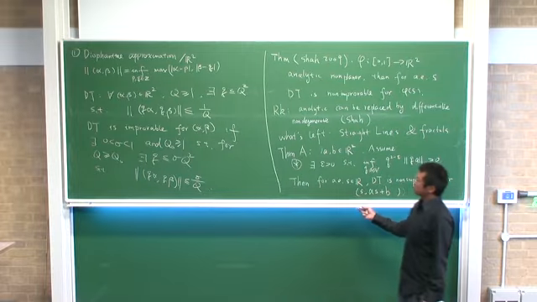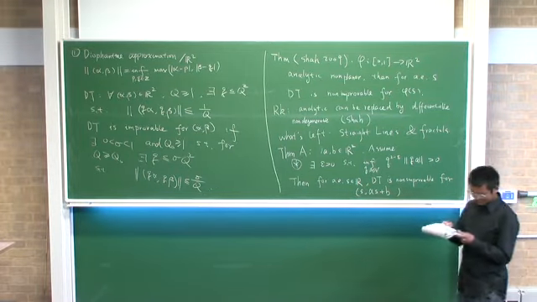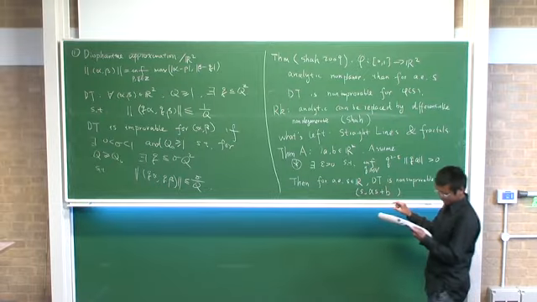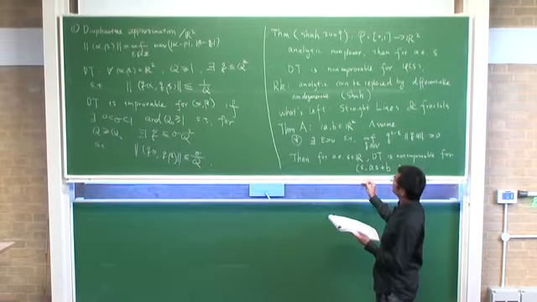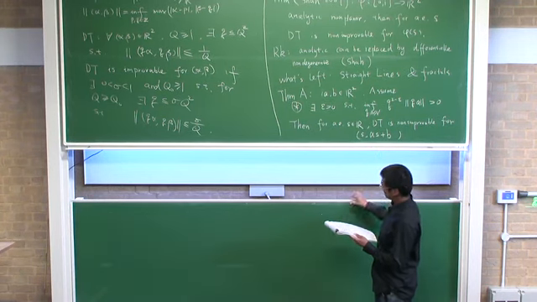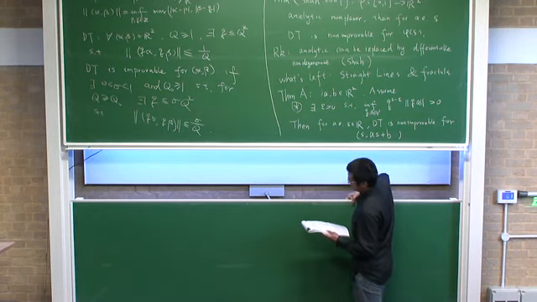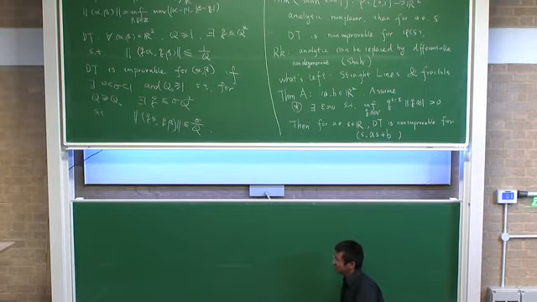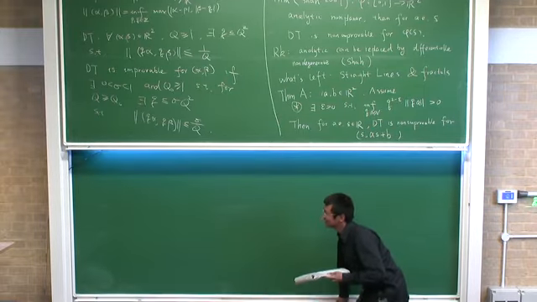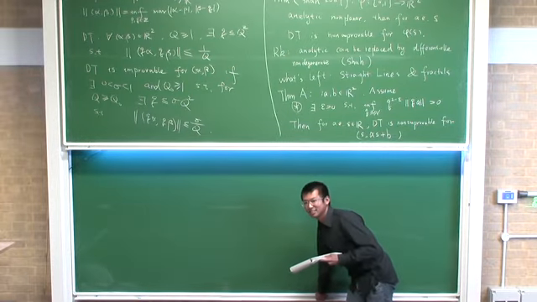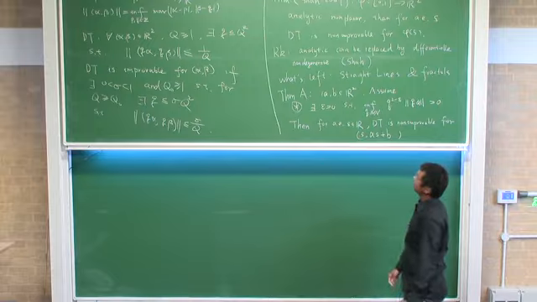So let me give some remarks to interpret this result. For b there's no condition, there's no condition for b.